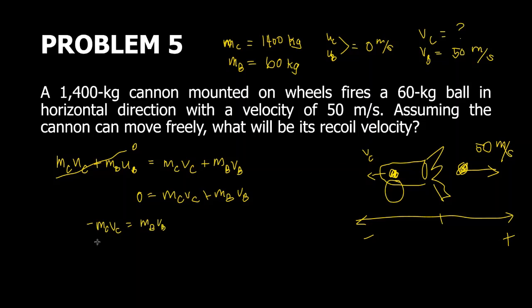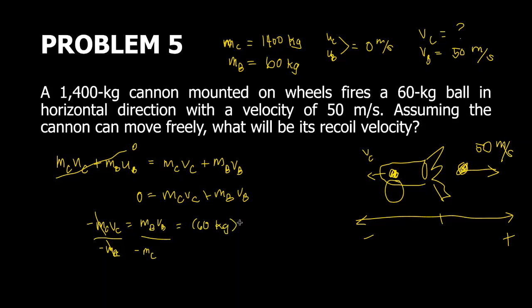And since we're finding v sub c, we're going to divide both sides by negative m sub c, sorry, not m sub b. So cancel to cancel to, we have v sub c. So substitute the values. What's the mass of the ball? That's 60 kilograms.